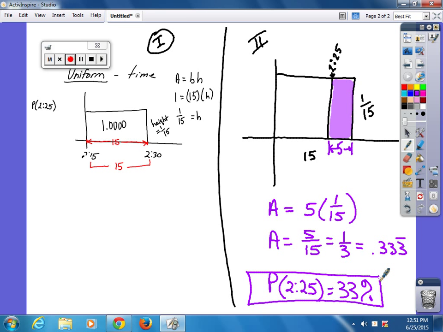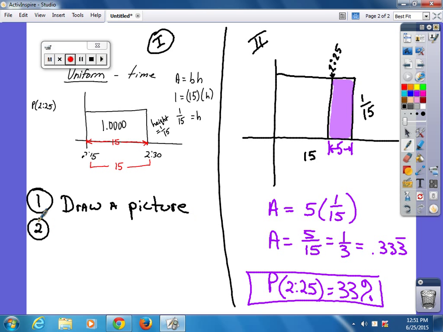So, first thing you do when you're given one of these problems, because you're going to have a couple of them on the test, is draw a graph, draw a picture using the uniform distribution, which is a rectangle.